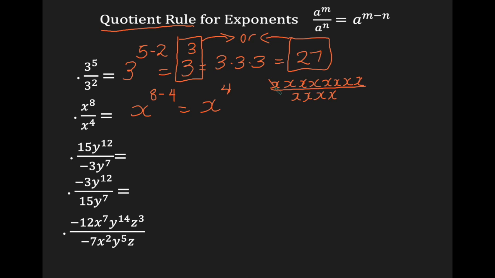And basically that means that this cancels, this cancels, this cancels, and that cancels. And what you're left with is just 4 x's multiplying each other. And to write that in a simpler form would be just x raised to the 4th power.